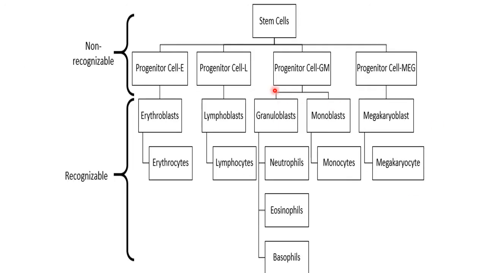So, under microscope, ang stem cells and progenitor cells cannot be recognized unless done with special staining or special microscope technique. Okay? Ang recognizable lang natin is yung mga precursor cells and the mature cells.